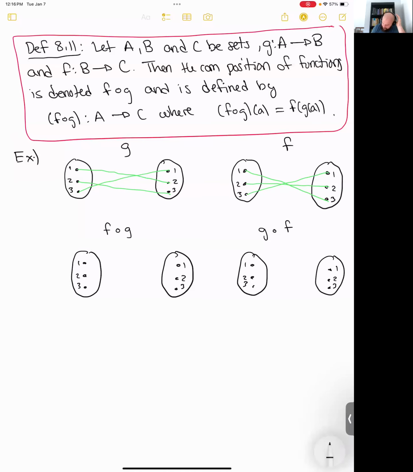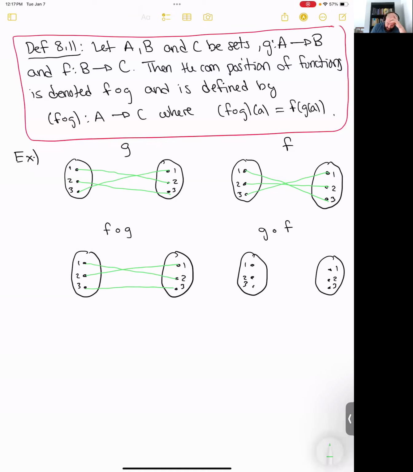Okay, so for this first one, we do g first, then f, right? So 1 gets sent to 2, and then 2 gets sent to 2. So under the composition, 1 gets sent to 2. So g first, 2 gets sent to 3, and then 3 gets sent to 1. So that means 2 gets sent to 1. Now we should expect 3 to get sent to 3 because it's a bijection, but let's just check. Under g, 3 gets sent to 1, and then under f, 1 gets sent to 3. So yes, 3 gets sent to 3.